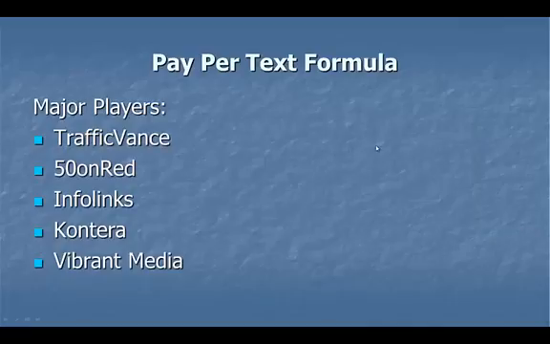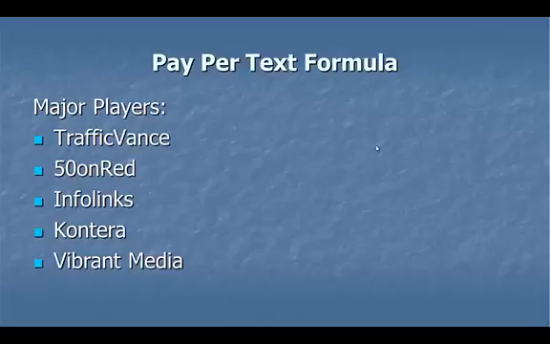Now, there's generally just a handful of major players in the paper text marketing game, and those major players are Traffic Vance. You might have heard me talk about them in Module 2 because they have a huge PPV platform, but in fact, according to my rep, the paper text side of it, or they call it text links, is massive now, with advertisers spending as much as $50,000 or $30,000 a day on text links.